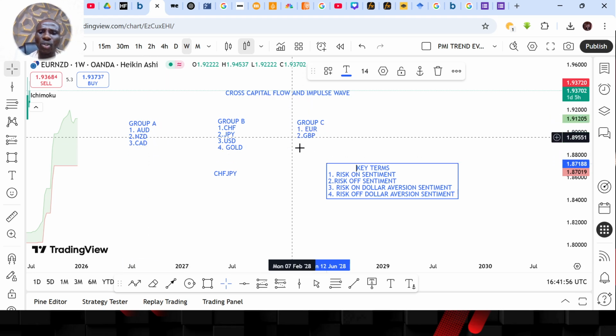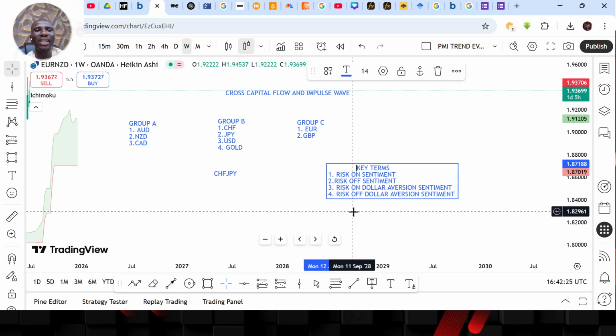So now let me quickly talk about risk off. Risk off, like I've explained partly, is when you have global tension. Maybe there is geopolitical tension, maybe there is war, or a trade war, or a natural disaster, or any form of unexpected shift that can affect economies across the globe, or certain major economies, like the US economy.